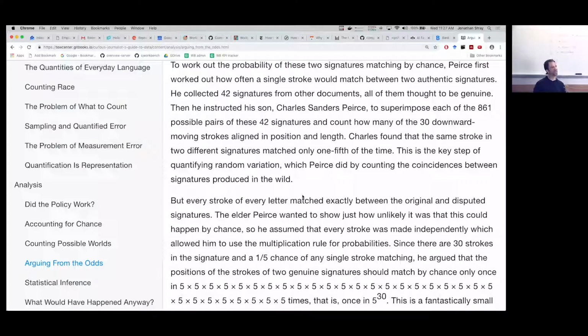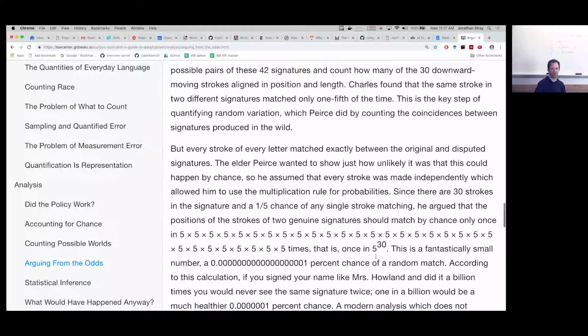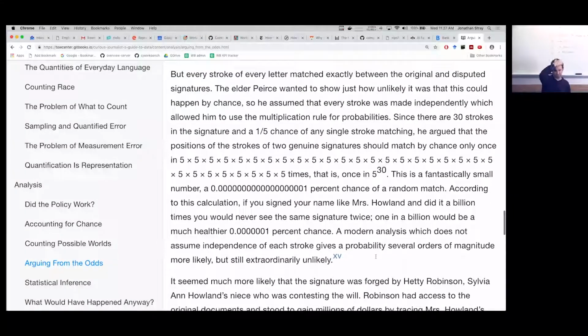So he said that, well, for 30 strokes to match, which the disputed signature did match exactly, happens by chance only once in 5 to the 30. Okay? Now there are problems with this statistical argument, but this gives us sort of a ballpark.